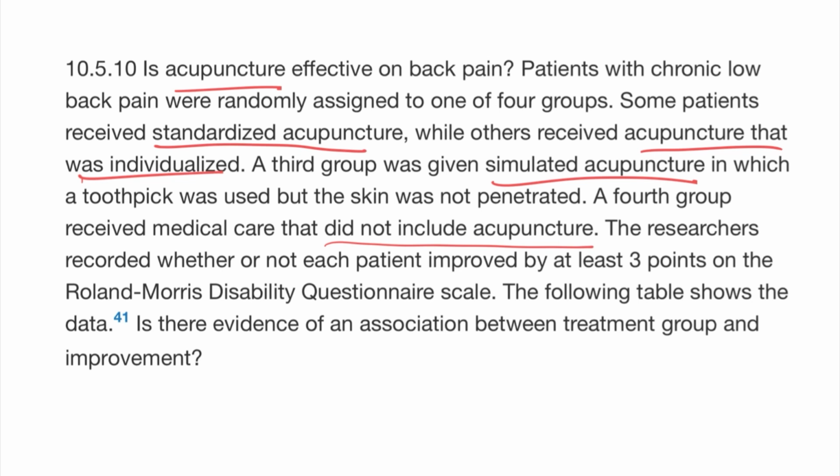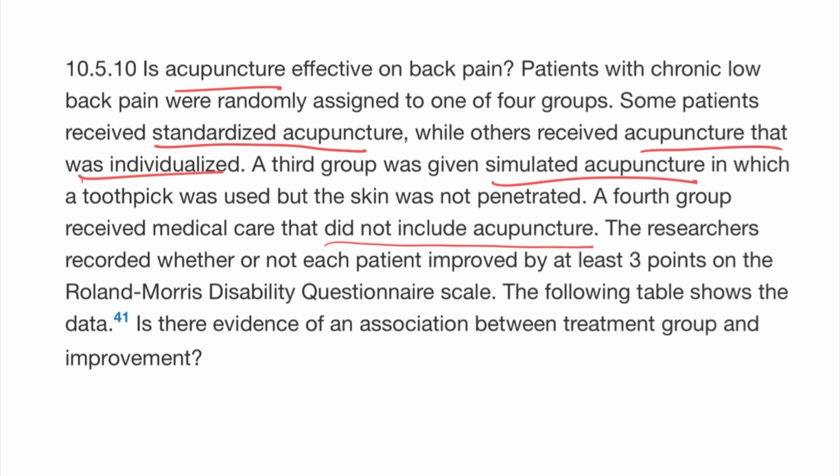So by my count here, we have four categories for the type of medical care received. That's one of the categorical variables that we'll be thinking about, what kind of care they received. The other one is about the outcome. The researchers recorded whether or not each patient improved by at least 3 points on this Roland Morris Disability Questionnaire scale.